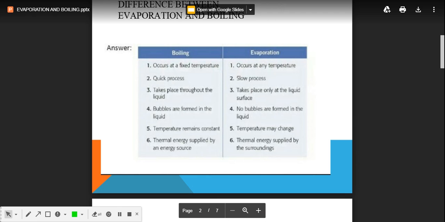That is, evaporation takes place only from the surface, whereas boiling takes place from the whole of the liquid, right? Each and every particle gets boiled at the same time. So, bubbles are formed in the liquid in case of boiling, whereas no bubbles are formed in the liquid in case of evaporation.